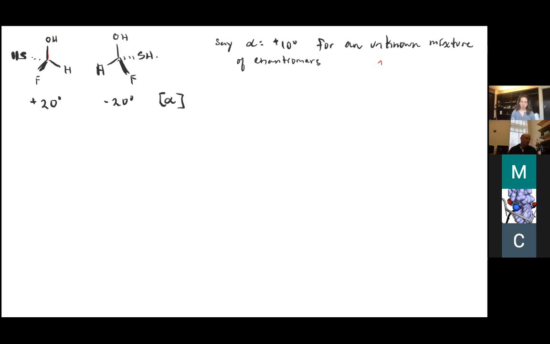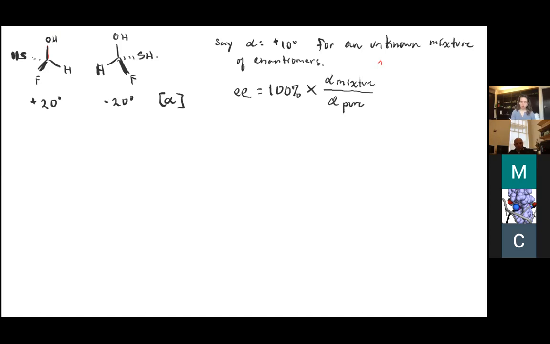Okay, so say I took that sample of unknown composition, measured the optical rotation, and got a value of 10 degrees. EE is very easy to calculate. The enantiomeric excess is simply 100% times the alpha of the mixture over the alpha of the pure.